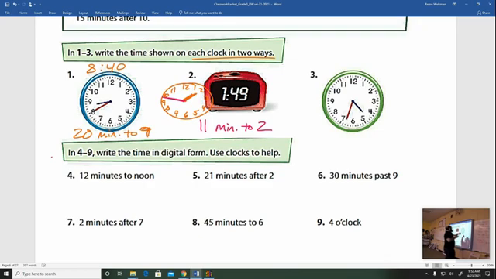Okay, Aiden, what time is it on this clock right here? What is it? Are you sure it's 5:38? Double check where the hour is there, Ian. 4:30.